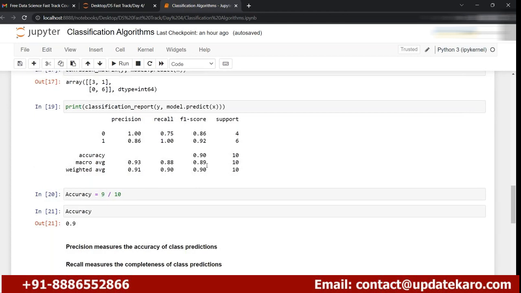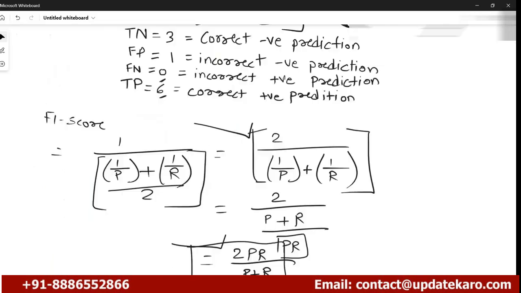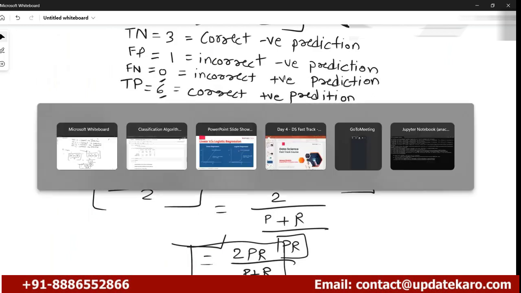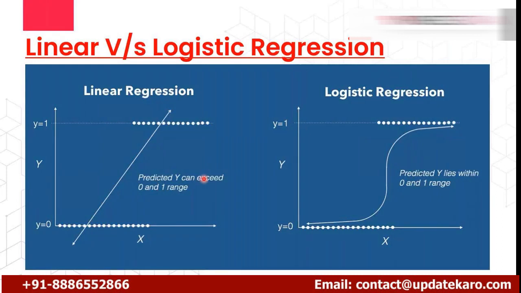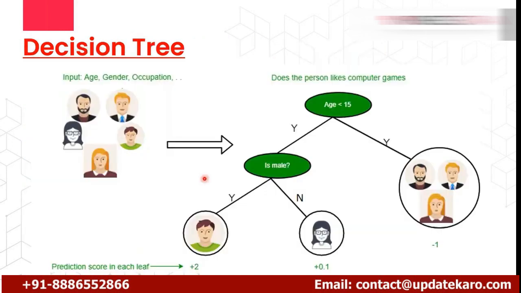Now let us discuss the decision tree. I will not discuss the earlier material again, because we already discussed it in the first part.